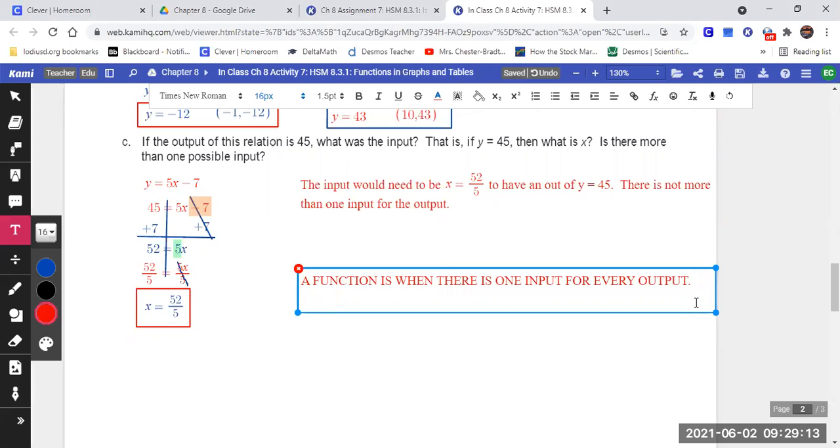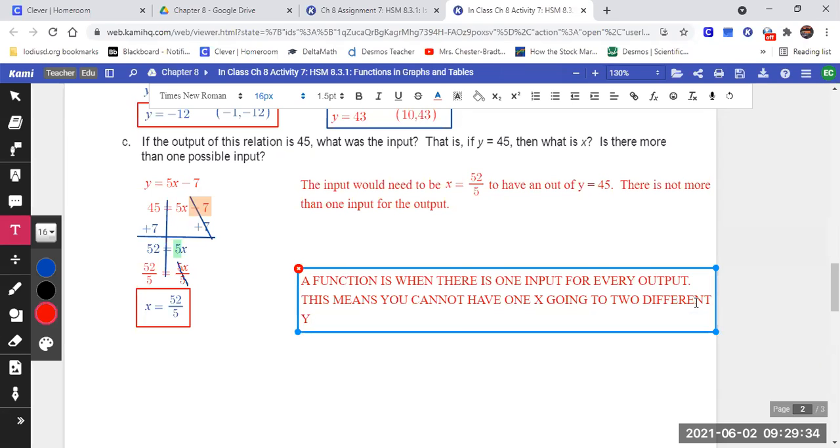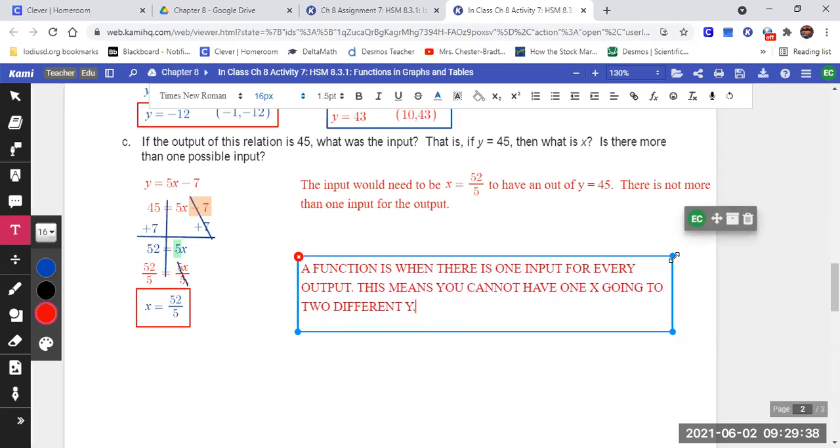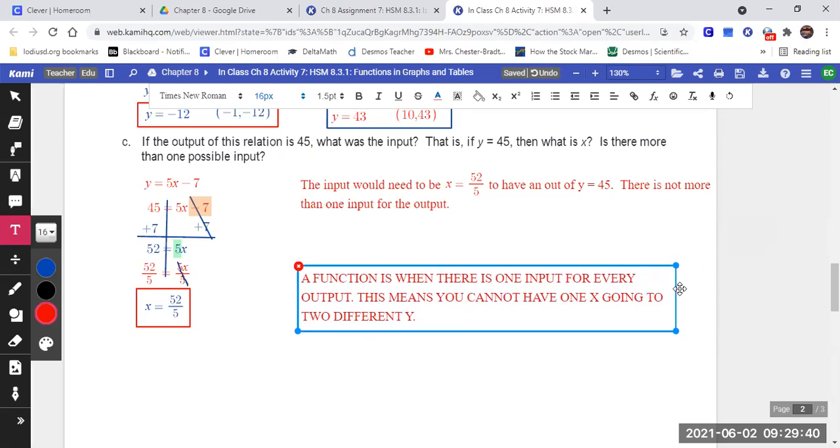Oops, I can't spell. This means you cannot have one x going to two different y. Okay, every input has exactly one output.